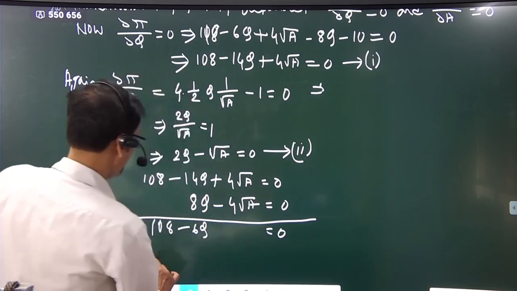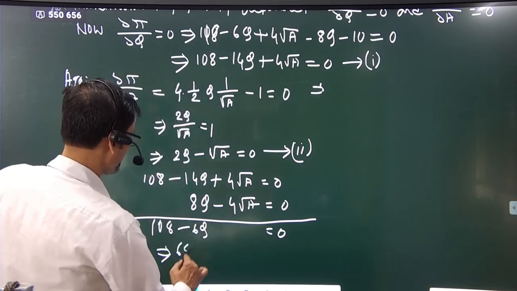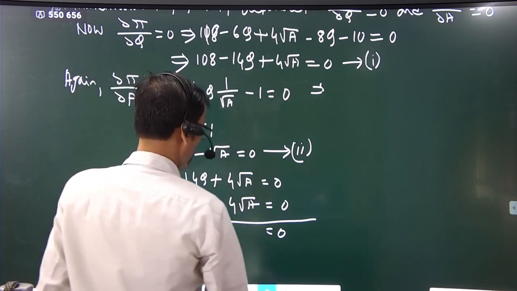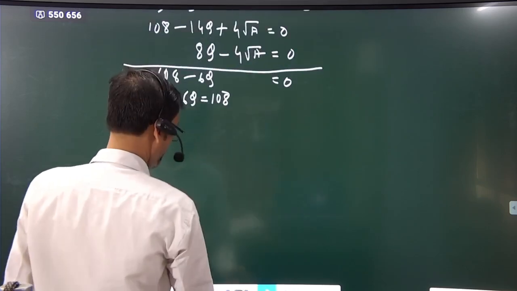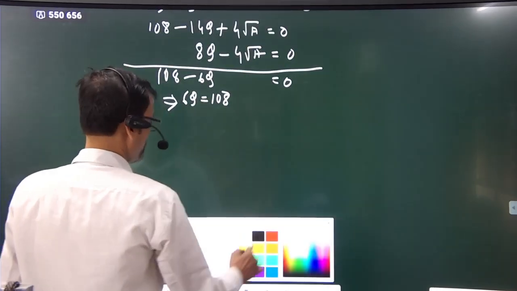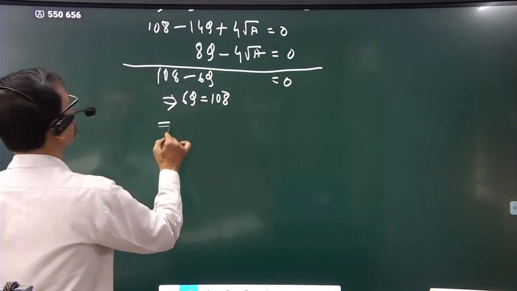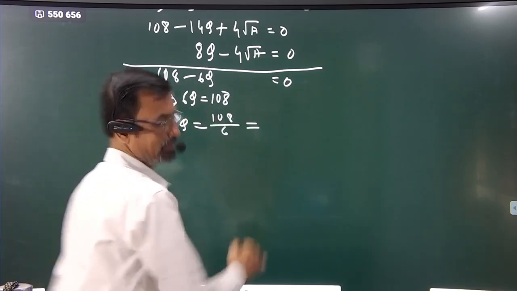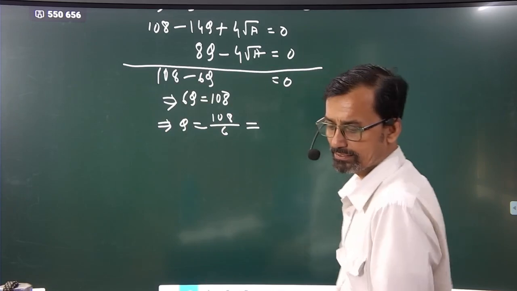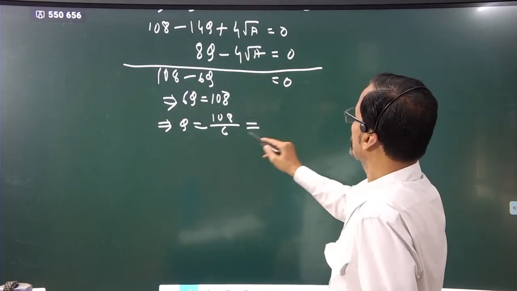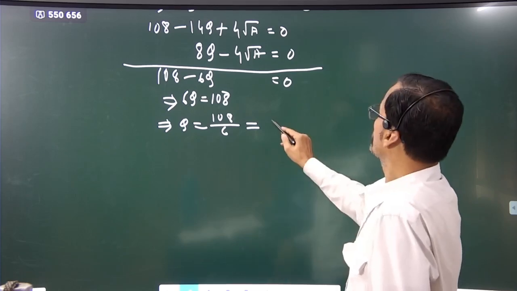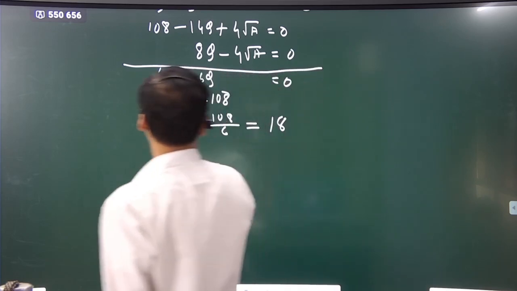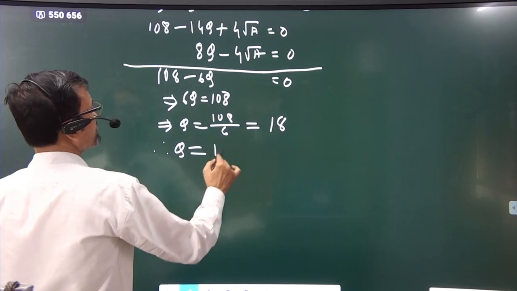So 6Q is equal to 108, or Q is equal to 108 divided by 6. Therefore, quantity output produced is 18.